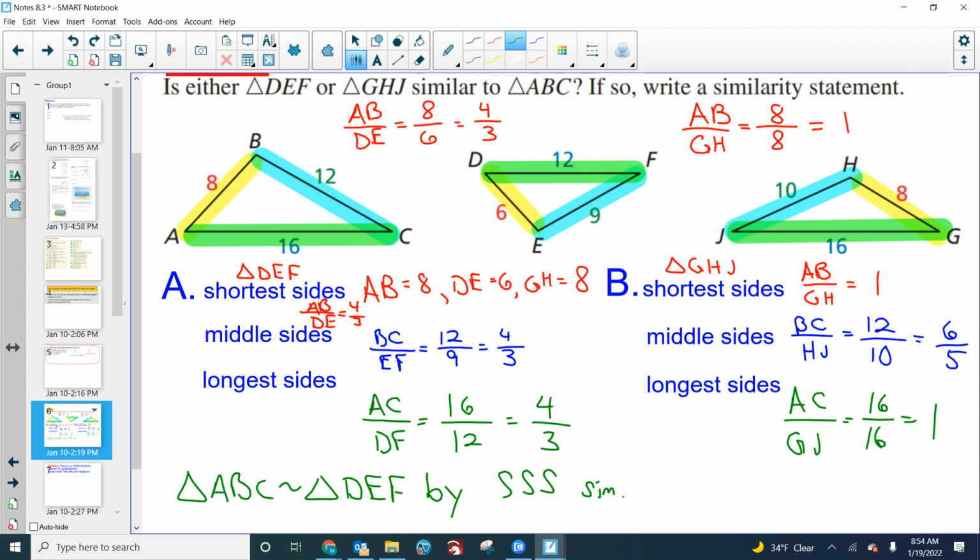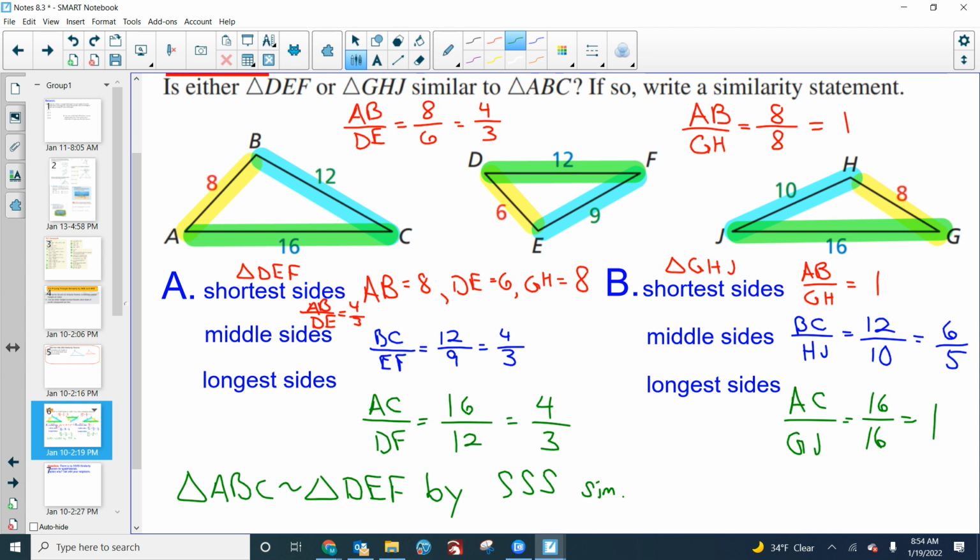Would we say congruent? Who votes similar? Who votes congruent? Who votes both? If they're congruent, isn't their scale factor 1? Aren't all congruent triangles also similar? Are their sides going to be proportional?